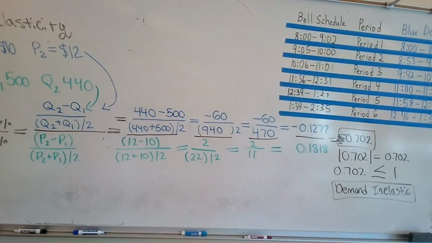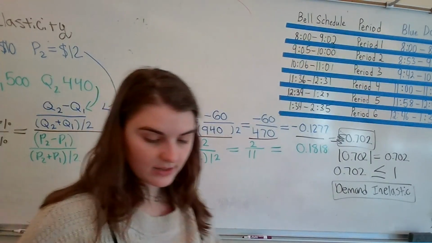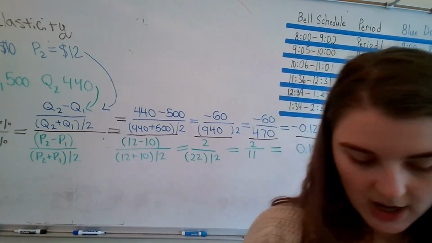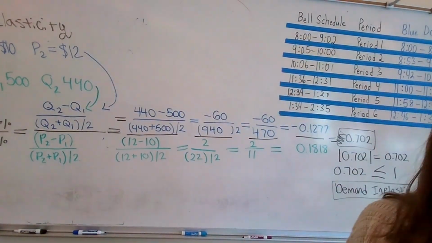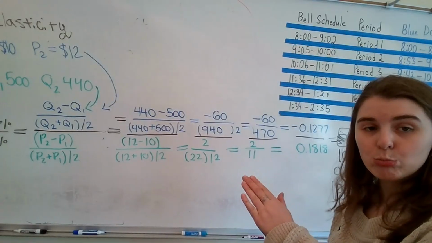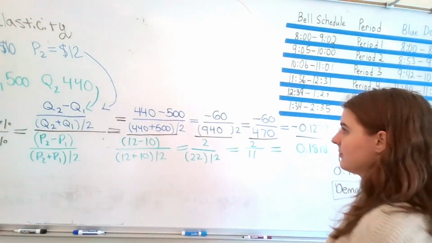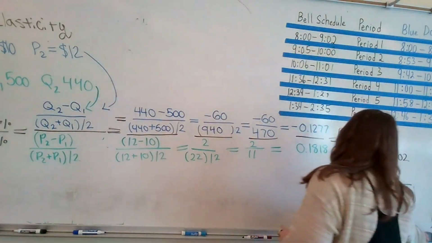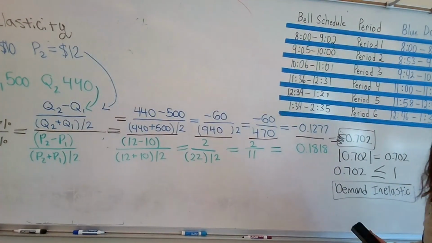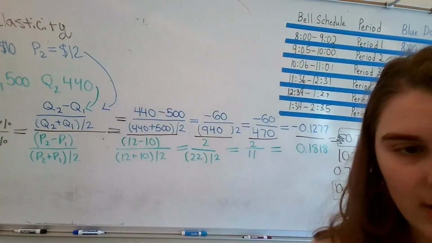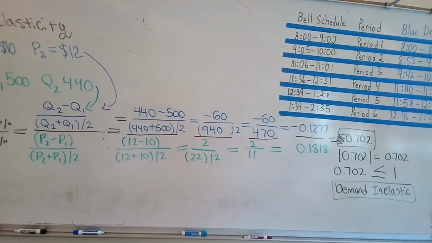The last thing we need to check out is our responsiveness to supply. So we gotta do this whole thing again, but with supply instead. So again, demand, elastic, demand, inelastic. Let's figure out what supply is.